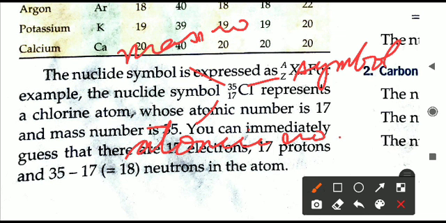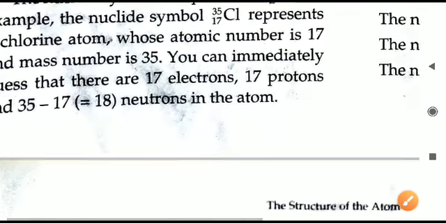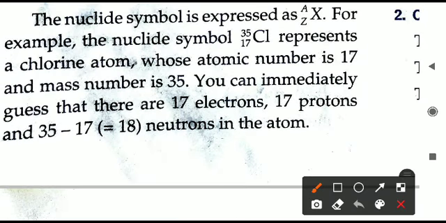Now if the question comes, the symbol is written and you have to find out the neutrons. How will you calculate? Just by the symbol you have to find, nothing else is given. So what you can observe here in this question, you have to find out the neutrons, and the question has the symbol only. So how will you find out? First you will take this mass number A equal to 35, that is written there. Next thing, what is written?